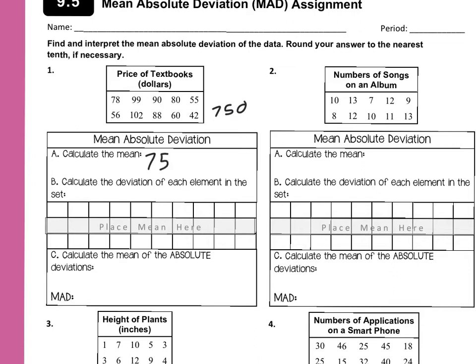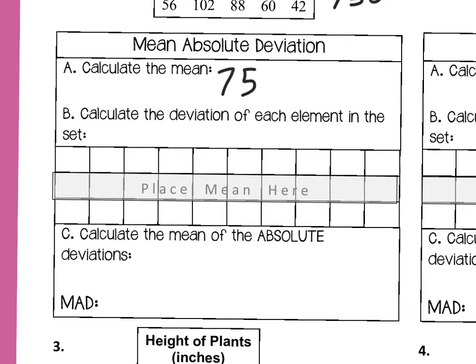Okay? So we've given you this graphic organizer to help you along with the process of finding the MAD. And it's really a good thing here. So I'm going to zoom in a little bit closer to this so I can write more effectively. Place the mean here. I'm going to write 75 in every one of these boxes.